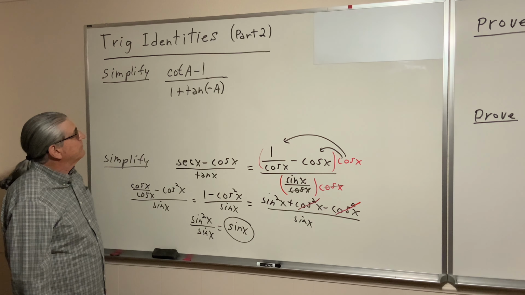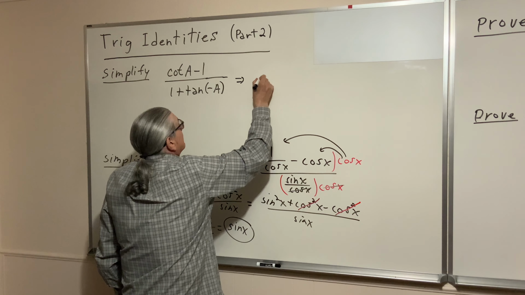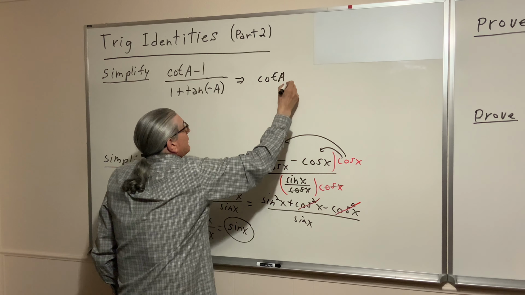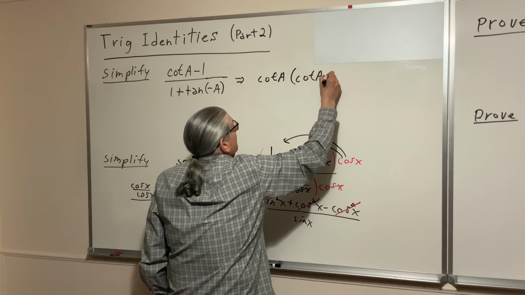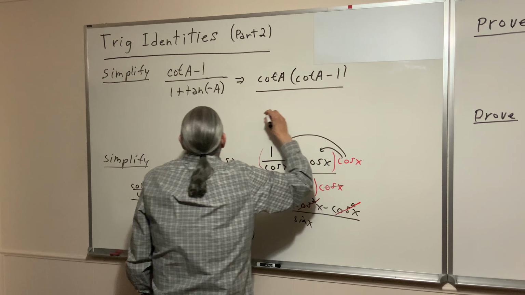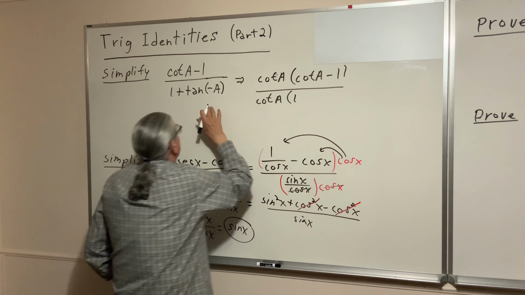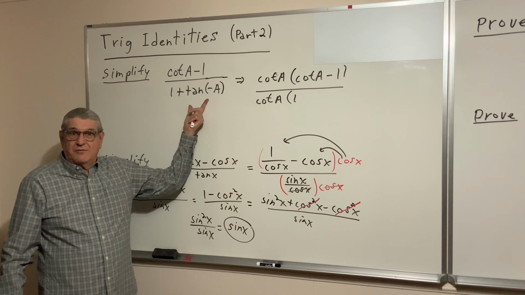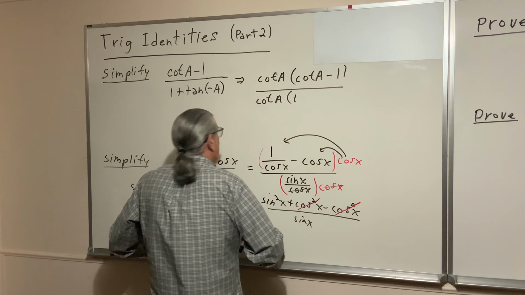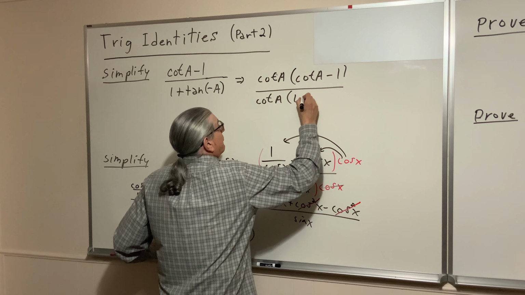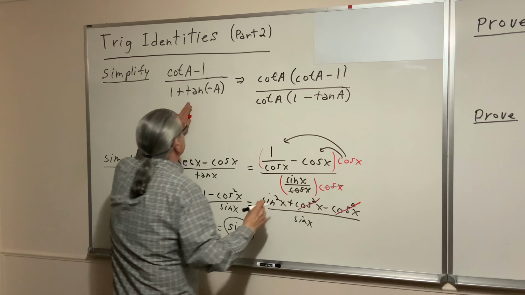I think I can get that top up here. So let's multiply everything by the cotangent of A. Cotangent of A times cotangent A minus 1, all over cotangent A times 1. Now, the tangent of negative A, this is odd, right? So this is cotangent of A minus the tangent of A. So this minus comes out because it's odd.